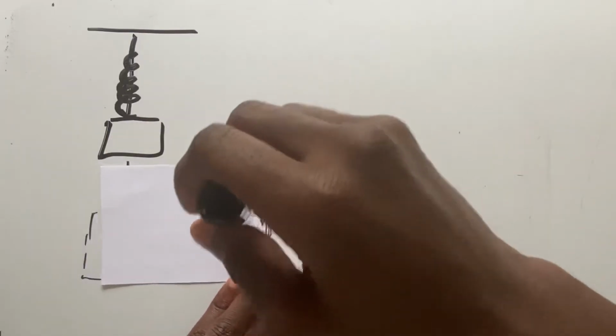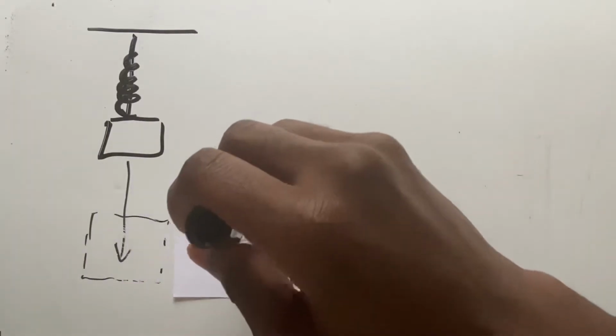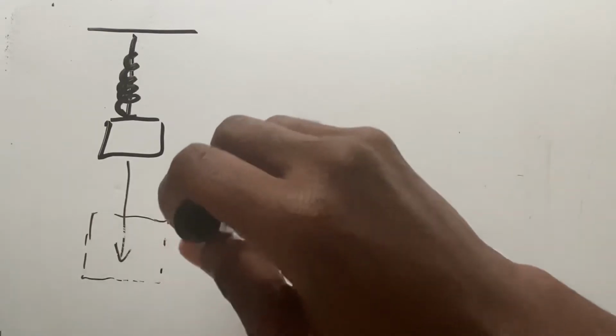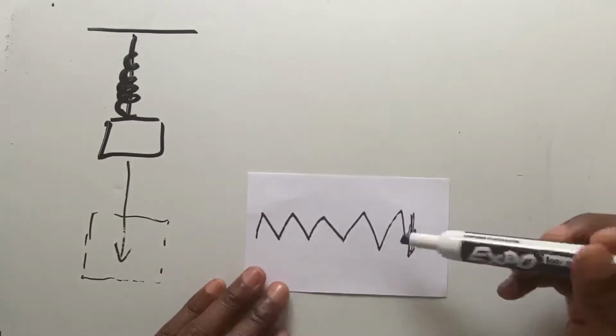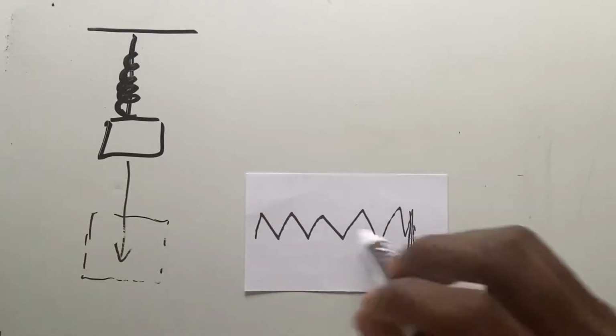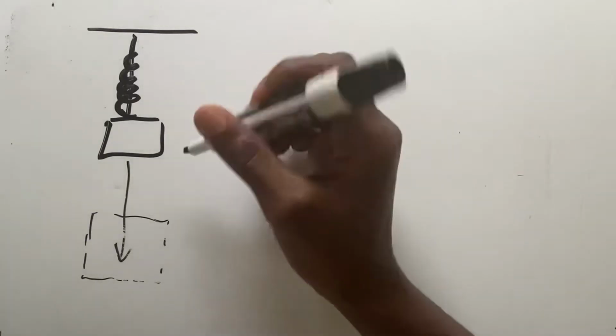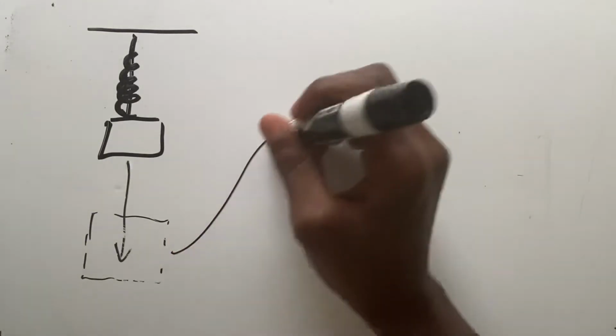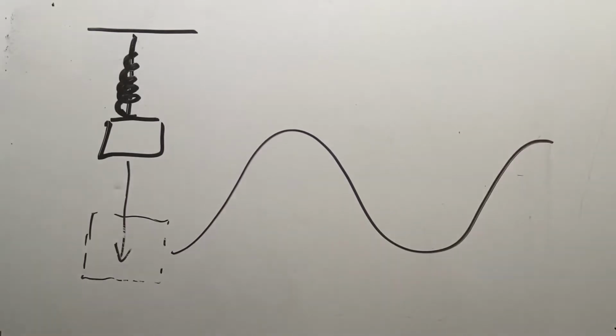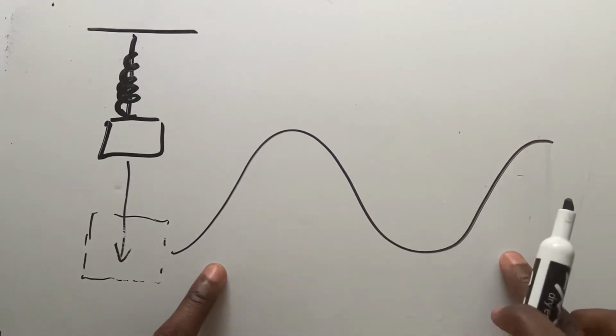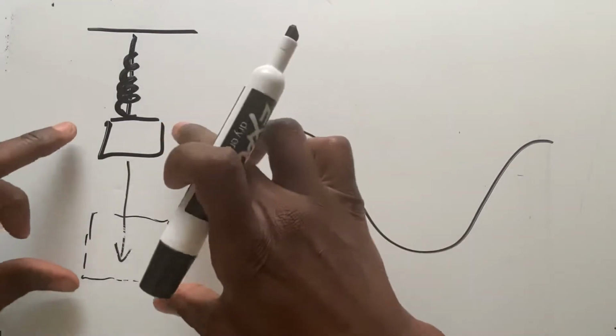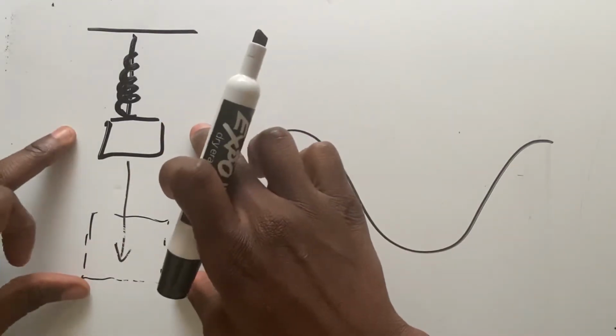Move up and down and move the paper to the right. Not perfect, but you kind of get the idea. It's going to make some type of wave like this. So this is basically the wave that's created by the vibration of this box here.